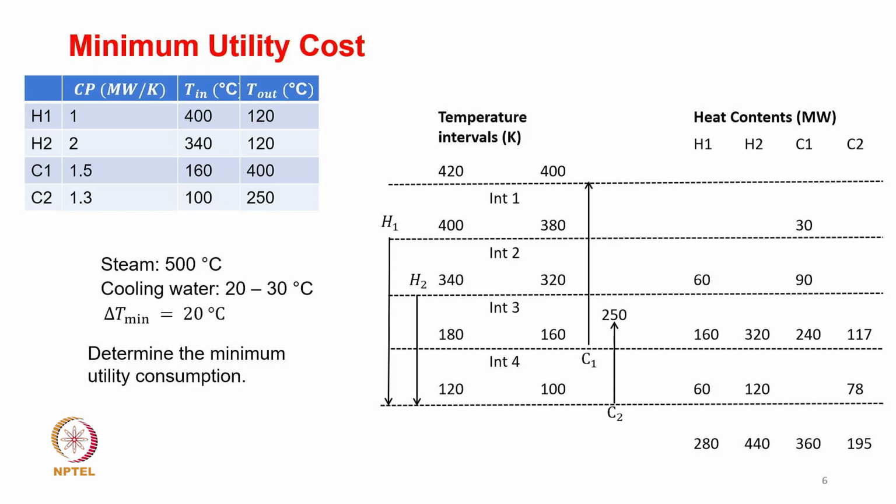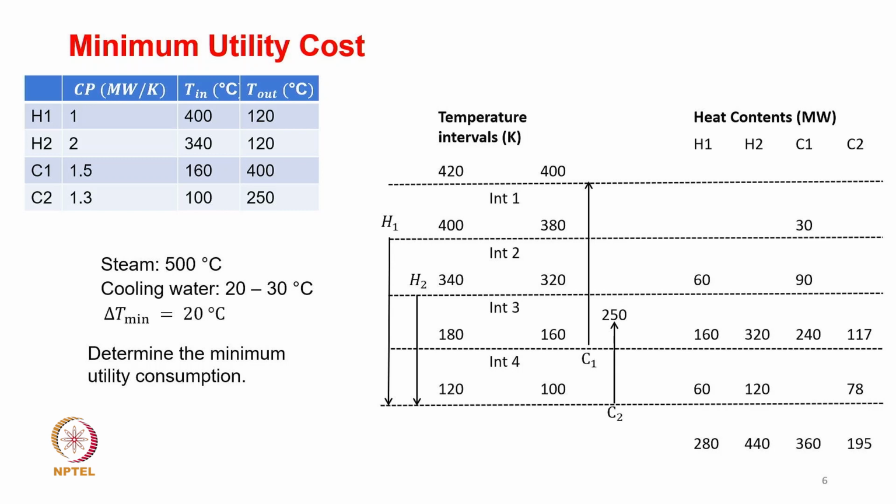And the utilities are available. There are two utilities: a hot utility, which is of course steam, available at 500 degrees C, and cooling water available at 20 to 30 degrees C. So what we are interested in now is minimizing the utility cost.